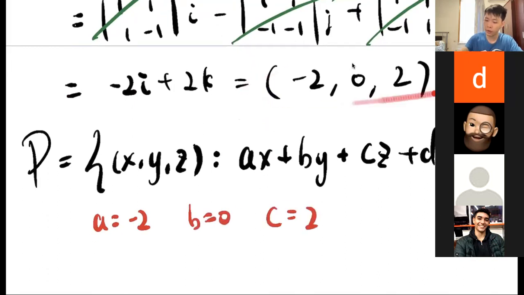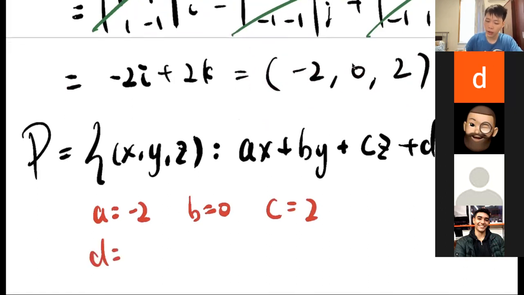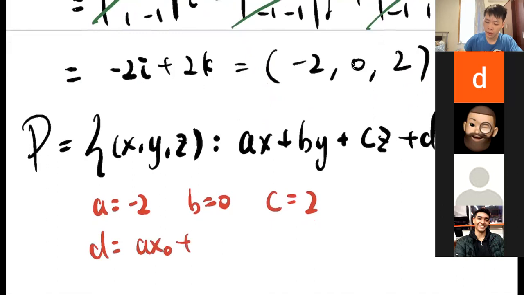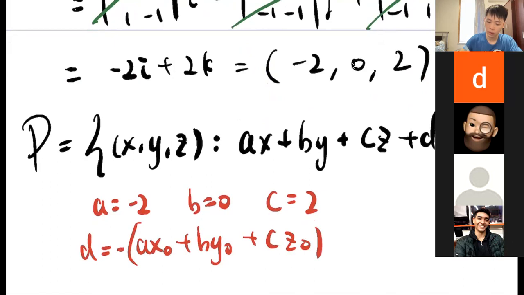These are from the normal vector, and d is minus (ax0 plus by0 plus cz0). Since x0, y0, z0 are all 0, d is 0.